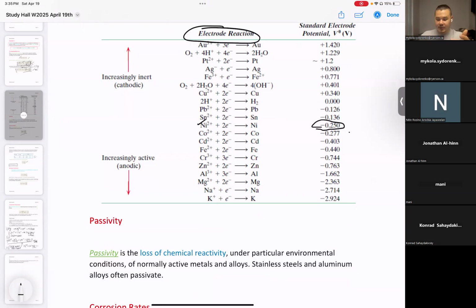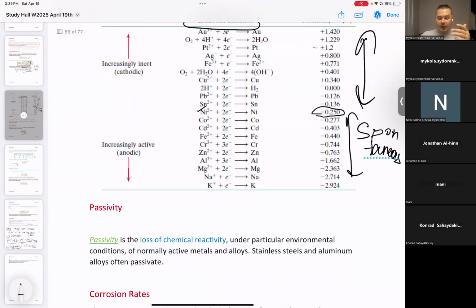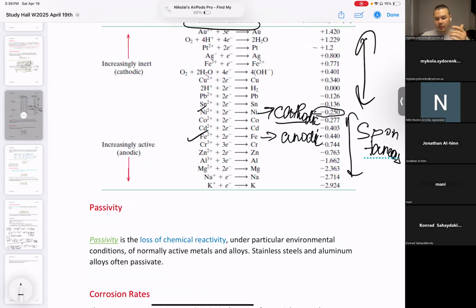Whatever is negative is a spontaneous process, and this is non-spontaneous. This defines anodic and cathodic. When we're talking about nickel and iron, with respect to each other, iron is more anodic, and nickel is cathodic.